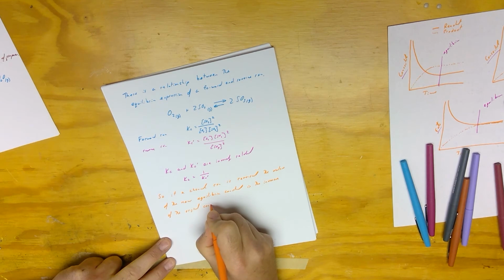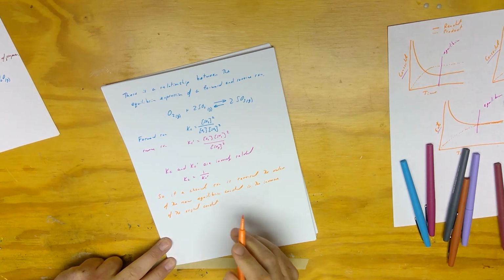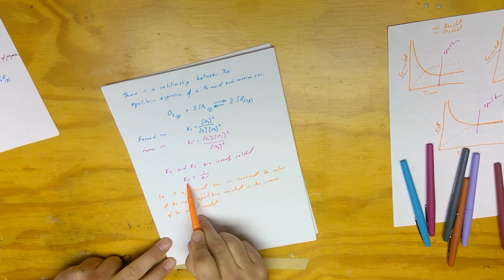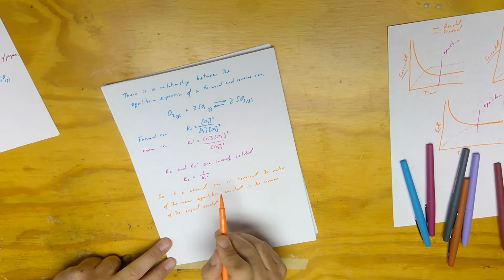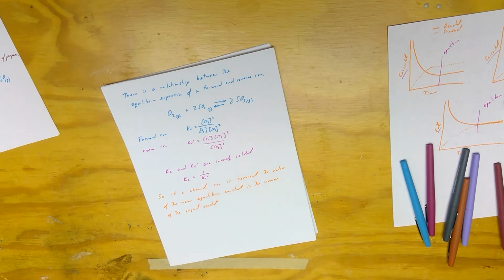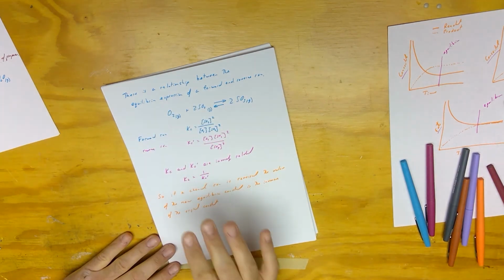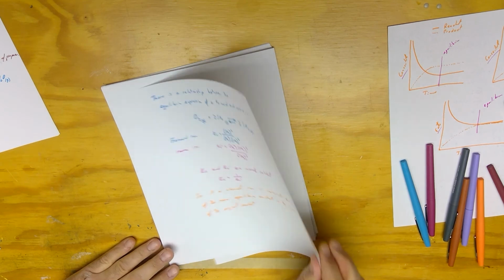In other words, if I know Kc, I can calculate the reverse reaction's Kc prime just by taking its inverse. Okay, and we'll need this for another step.